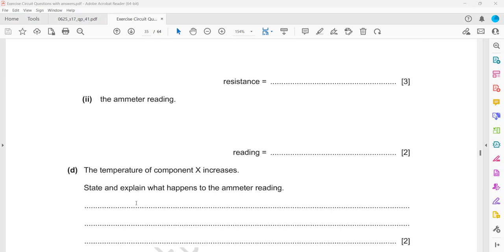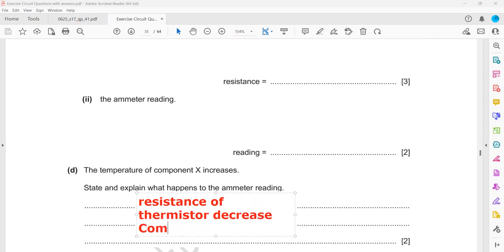So the resistance of the thermistor decreases. That is 1 mark. Then what happens? The combined resistance of the circuit decreases.